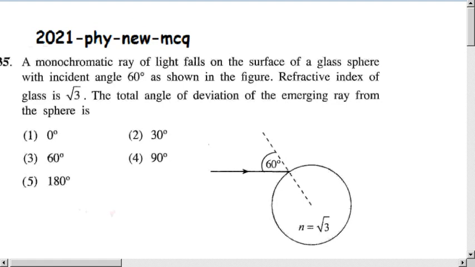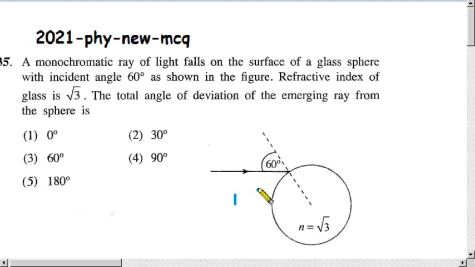Children, let us try to solve this problem. You know, if a light ray falls on a glass surface like this with an incident angle, since this medium has higher refractive index than the incident medium, so this incident medium is air, the refractive index is 1.